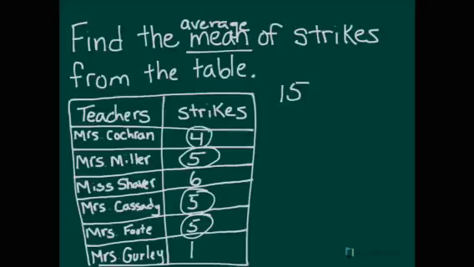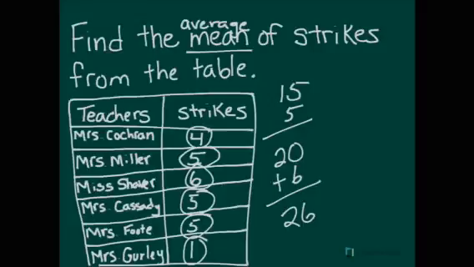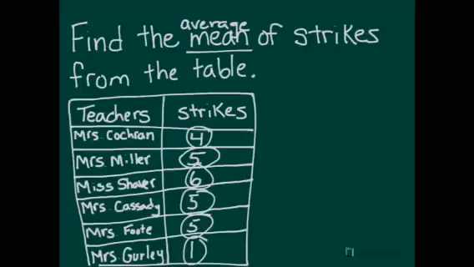Then I have 4 plus 1 is another 5, so I'm up to 20. And then I have 6. So my data adds up to 26. So first I add up my data. Okay, now I have 1, 2, 3, 4, 5, 6 pieces of data. So I'm going to take my total and divide it by 6.